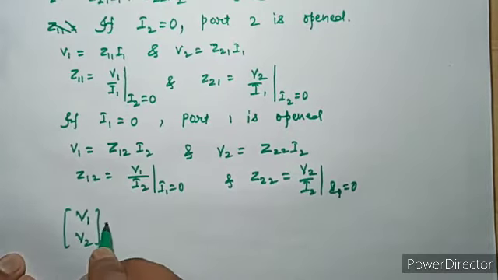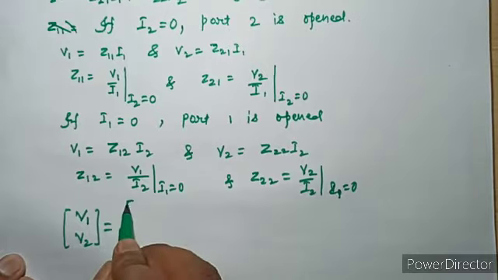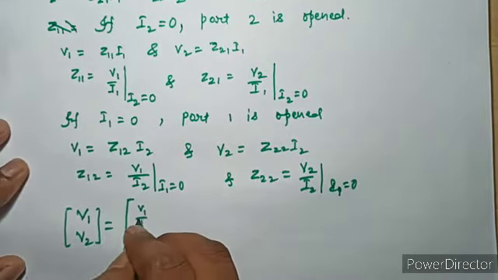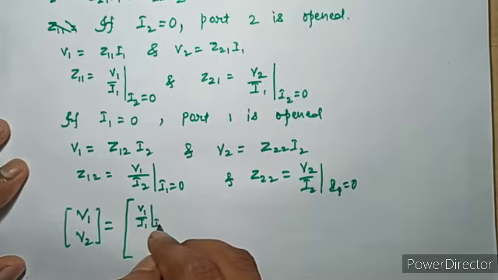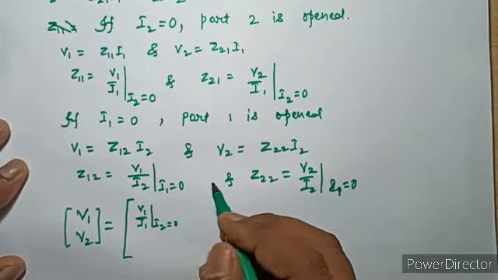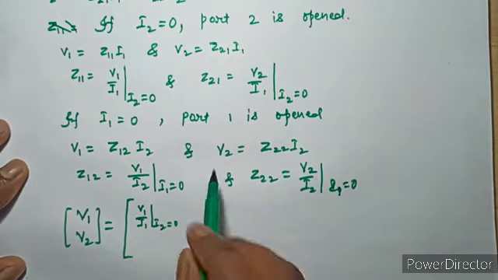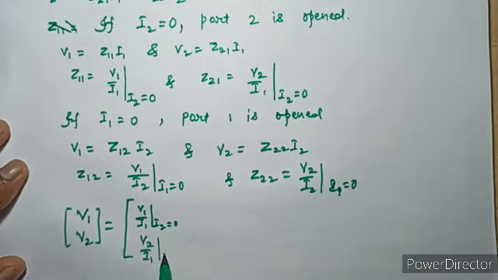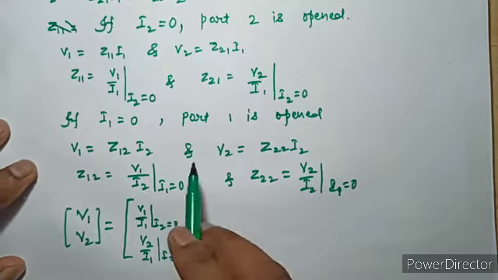V1, V2 is equal to: our Z11 is what? V1 by I1 when I2 is equal to 0. Z21 is what? V2 by I1 when I2 is equal to 0. This is our Z11. This is our Z12.